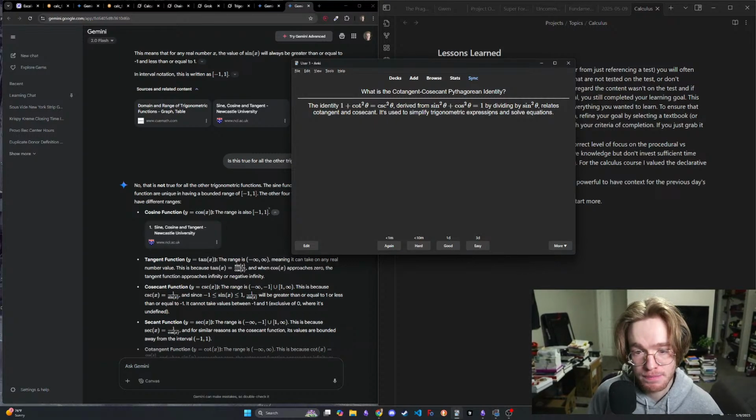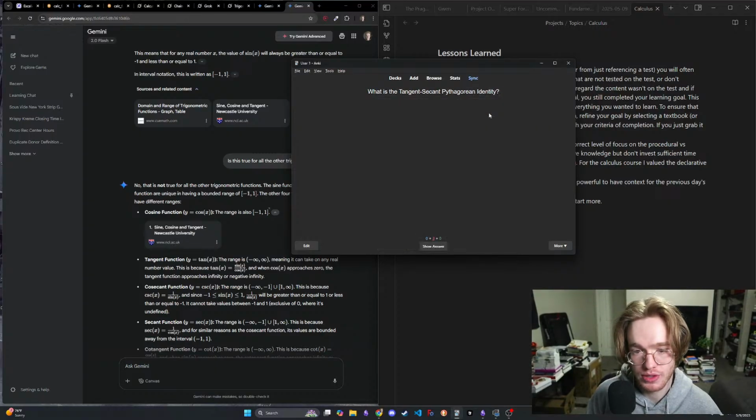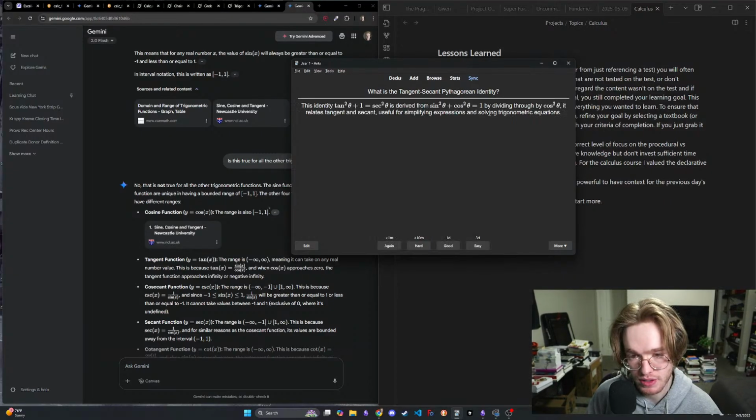The first one that I describe is going to be on the left side of the equation and is added by 1. So we'll go through that one again. Tangent secant, so that would be tangent squared theta plus 1 equals secant squared theta.